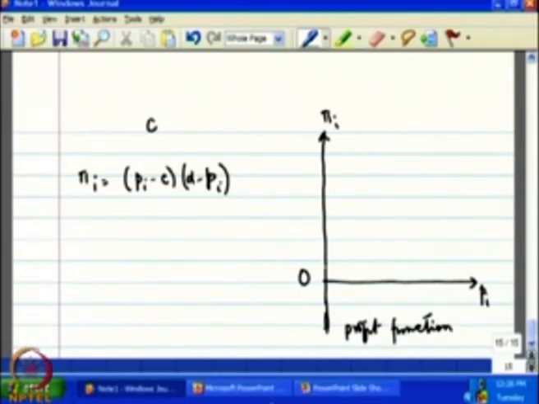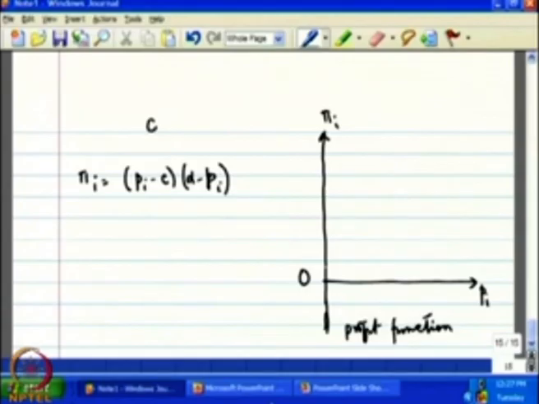Given that it has a negative intercept, at what points does this profit function intersect this horizontal axis, that is Pi? Pi is 0, sorry, pi I is 0 if Pi is either C, in which case the first term is 0, or if Pi is equal to alpha, in which case the second term is 0.